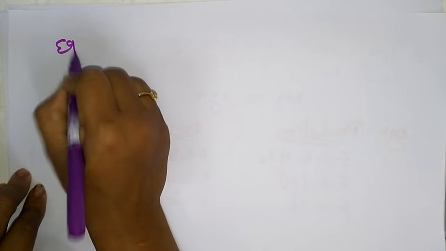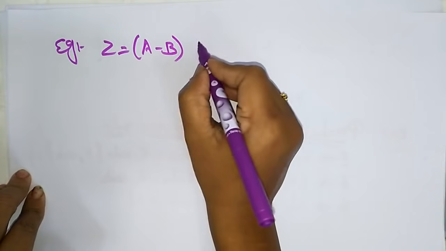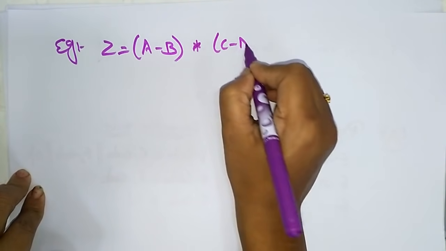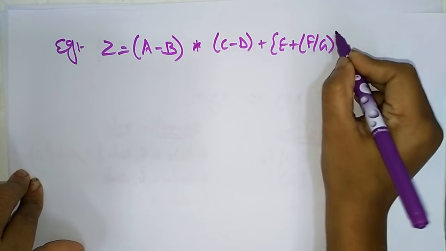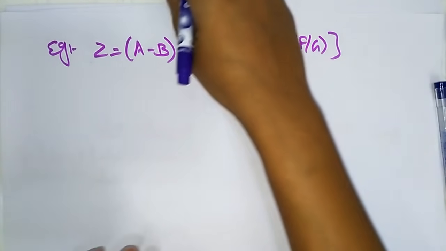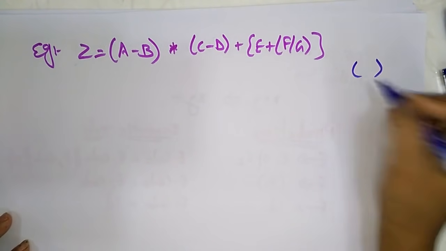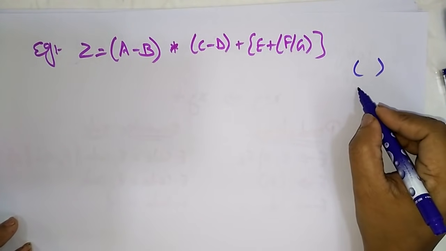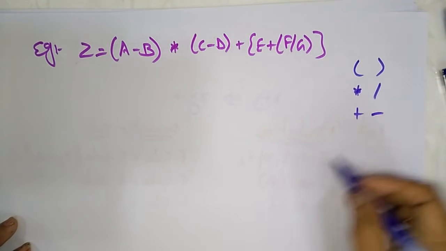Okay, so let me take a simple example for this postfix notation again. I want to show you how the operands and operators are placed: (A minus B) star (C minus D) plus E plus F by G. We already learned this postfix in data structures. We know that brackets have the highest precedence, next star and divide have the next precedence, then plus and minus have the next precedence.